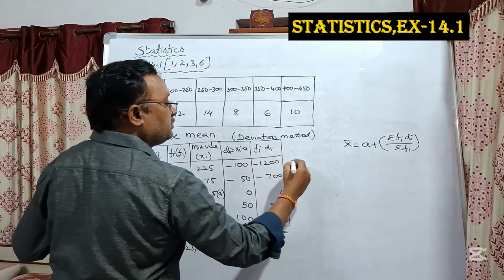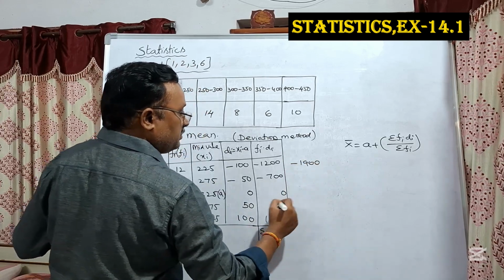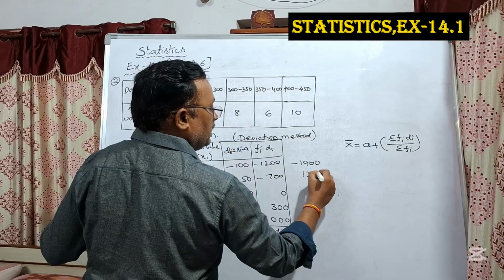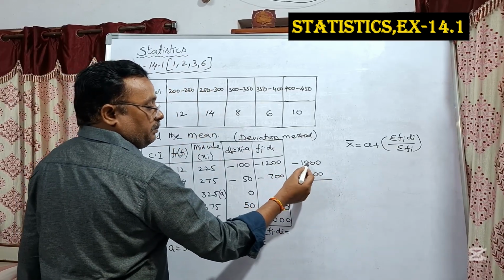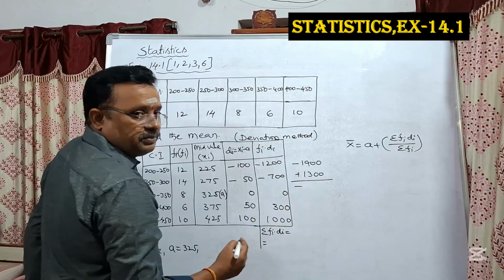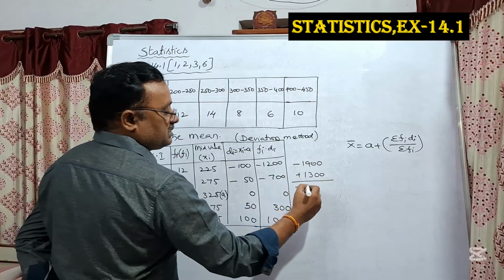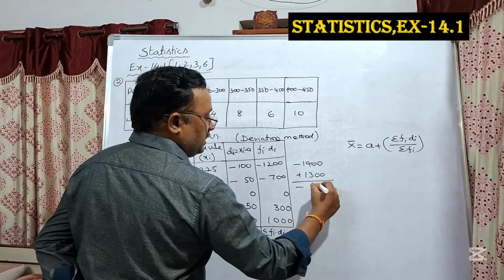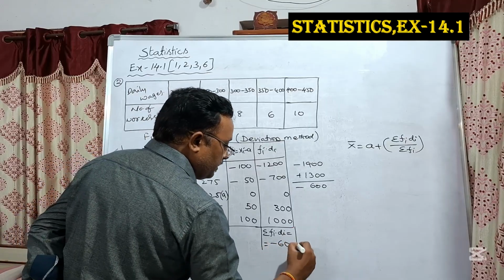The negative sum is minus 1900, the positive sum is plus 1300. The bigger value is negative, so the answer comes as negative. The difference is 1900 minus 1300, which is 600. So sigma fi into di is minus 600.